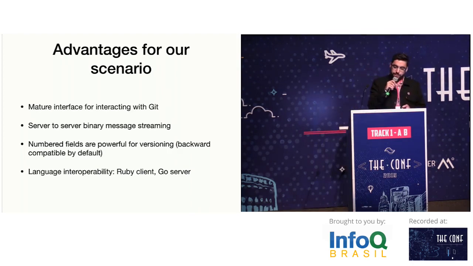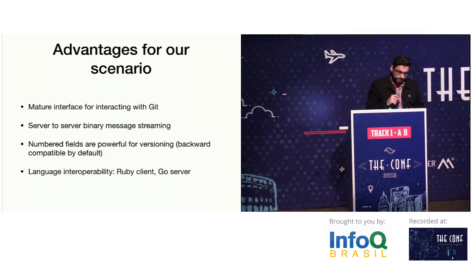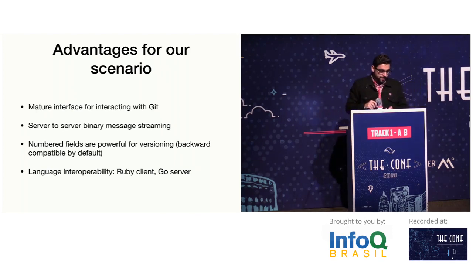We have numbered fields in the definition of the protocol buffers. So that would be backward compatible. We would have this definition being maintained for a while. So that would mean if you wanted to just go back a version, that would be staying there, working as expected. And also you can export for different servers.